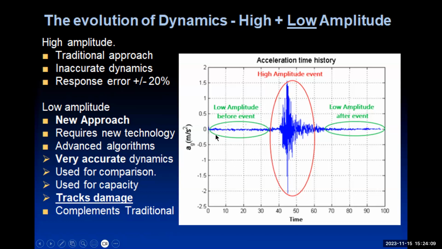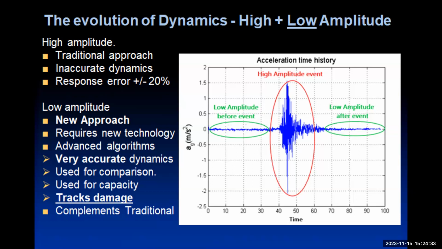And you say, okay, but it's a much lower amplitude. Yes, that's true, it is. But I'll come back to exactly why that's not a problem for us. So if we do make these measurements at low amplitude, then what we have is a new approach requiring new technology, and we have advanced algorithms.